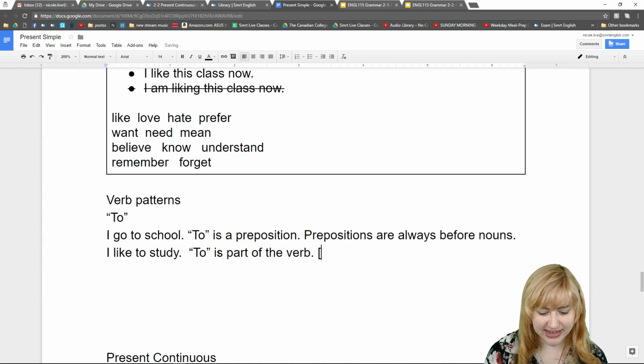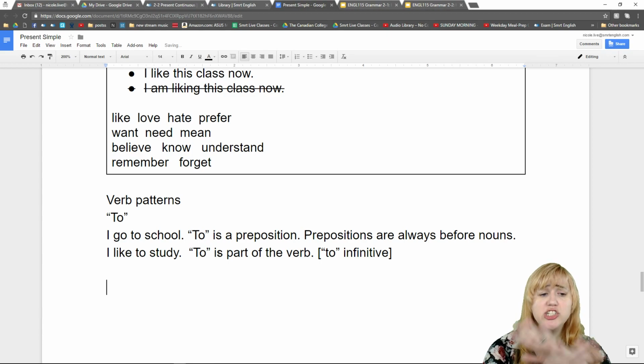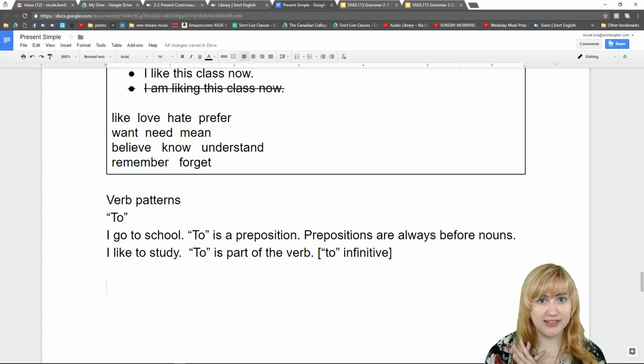So we can just think of it as to infinitive. That's the name of the verb. You can think of it like that. We have two infinitives. We also have bare infinitives. Bare infinitives don't have a to. Okay. And generally, I hope this will answer your question.